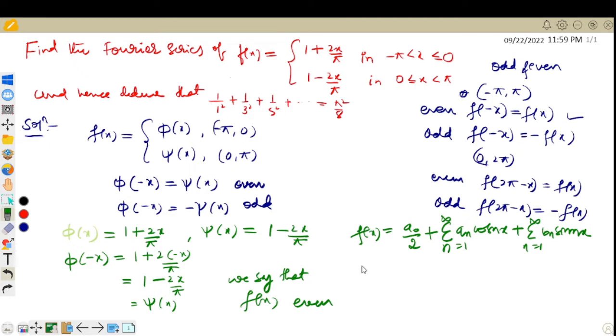And a naught is 1 by pi integral from minus pi to pi of f of x dx, because our example is minus pi to pi.